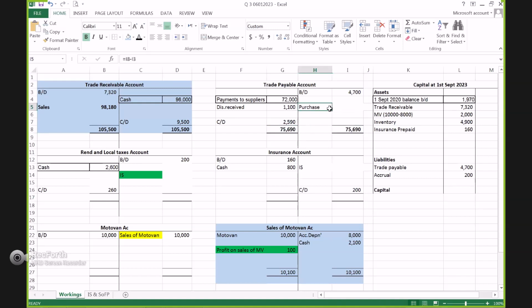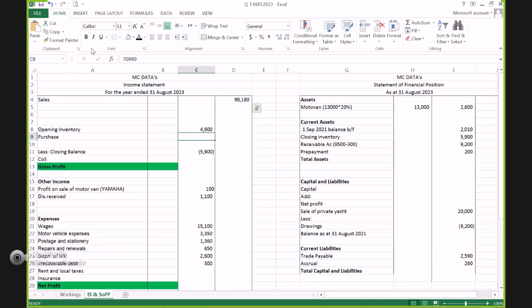So the purchase is the balancing figure in the credit side. The trade payable purchase 17,990. So the purchase 17,990 is transferred to the income statement, purchase 17,990.